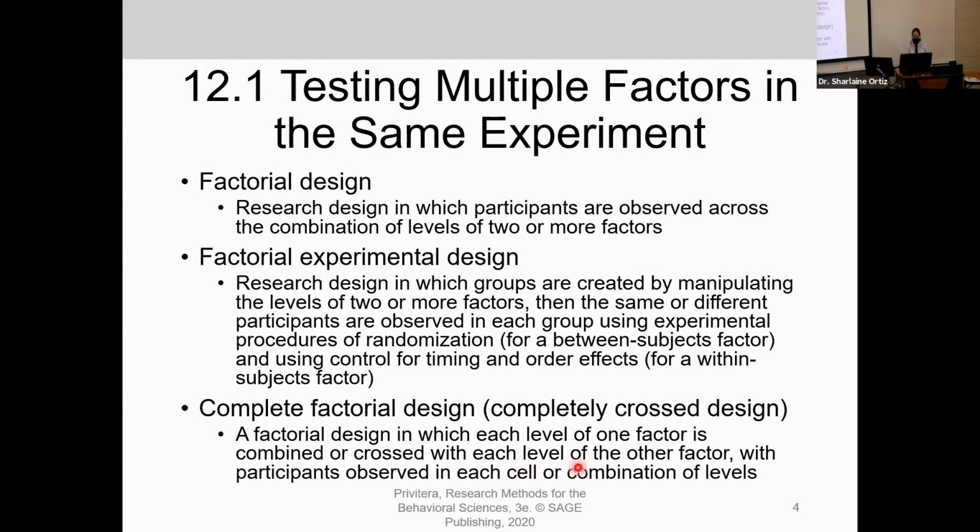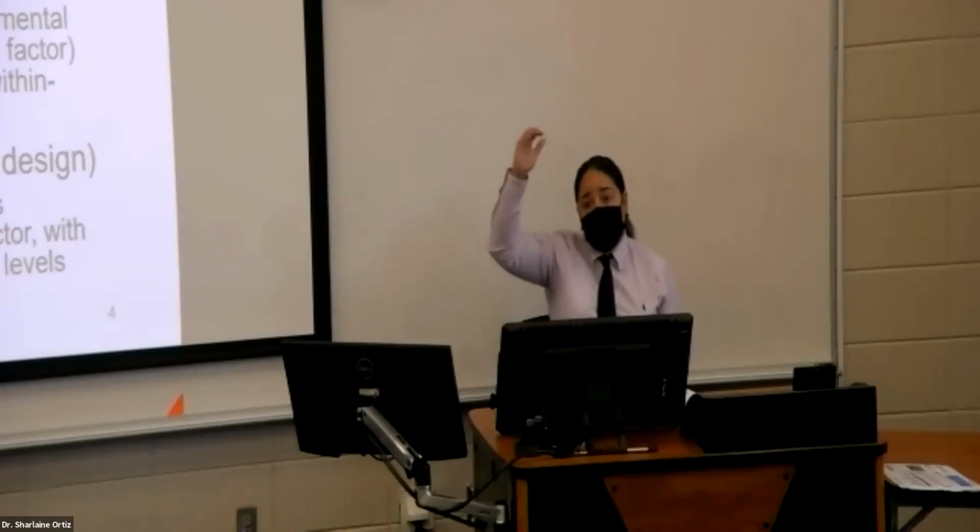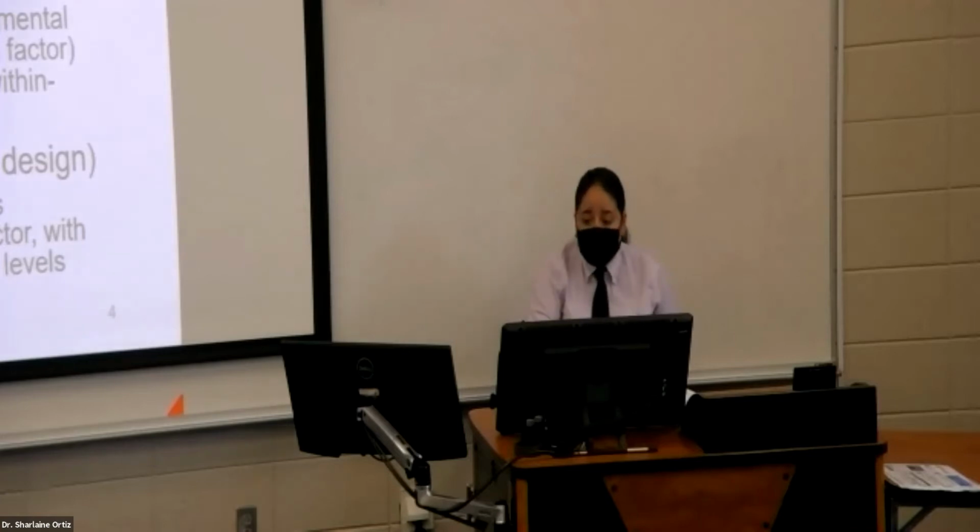Notice that they will be included within each level of the other factor. Because of that, we're going to have a combination of levels, because I am observing those participants in every single level possible. So, any questions so far?